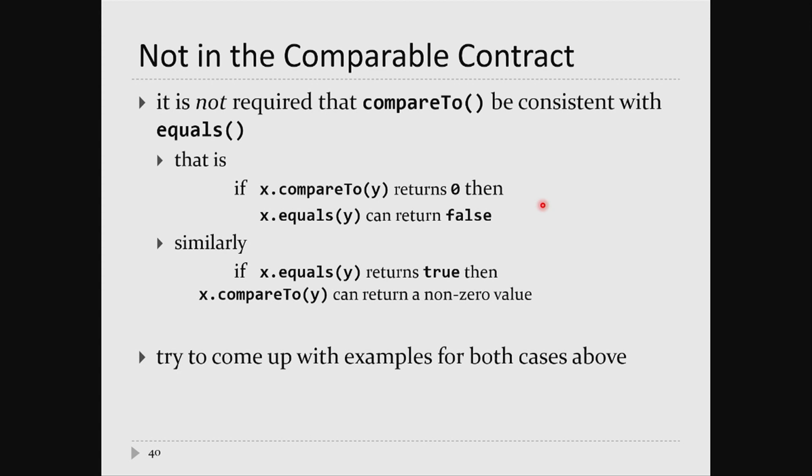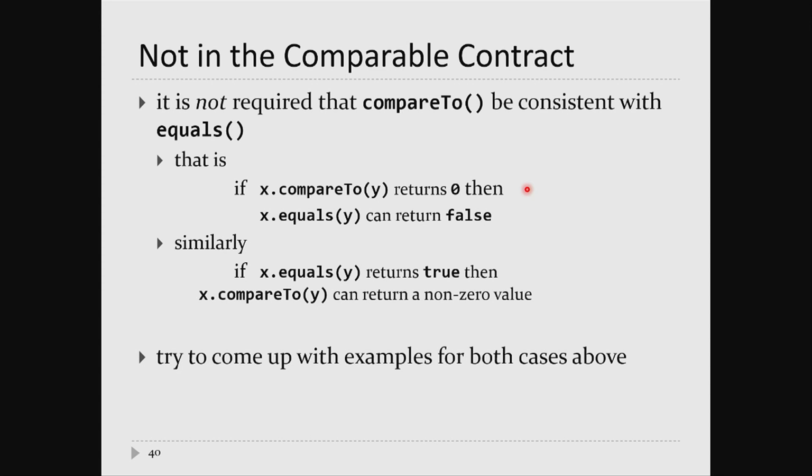The first one, for example, the Point2 compareTo method, it's not consistent with equals. Remember how our Point2 comparison method works? It looks at the distance between a point and the origin. So I can have the point 1, 0, so 1 unit along the x-axis, and I can have the point minus 1, 0, so the point on the other side of the y-axis.